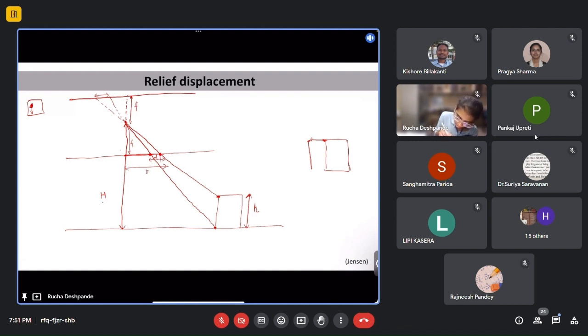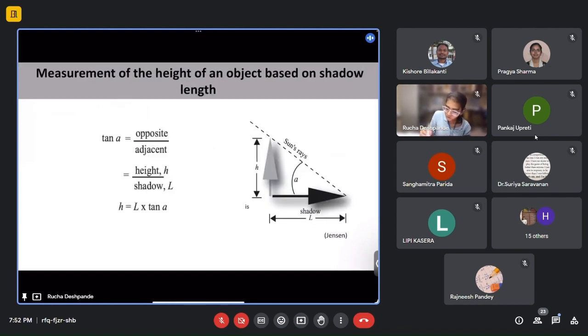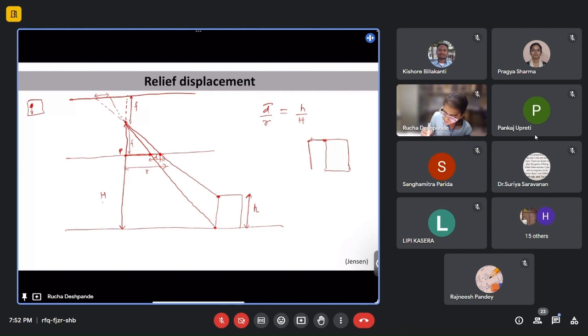And this will be the principal point or the nadir point. Alright, so in this figure, the ratio of D by R is equal to h by capital H. So if we know all these things, then we can calculate the elevation of the object.